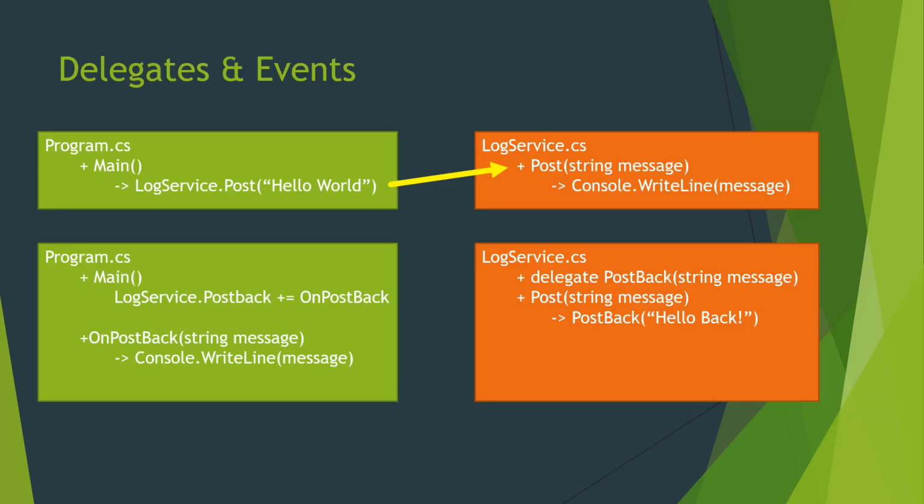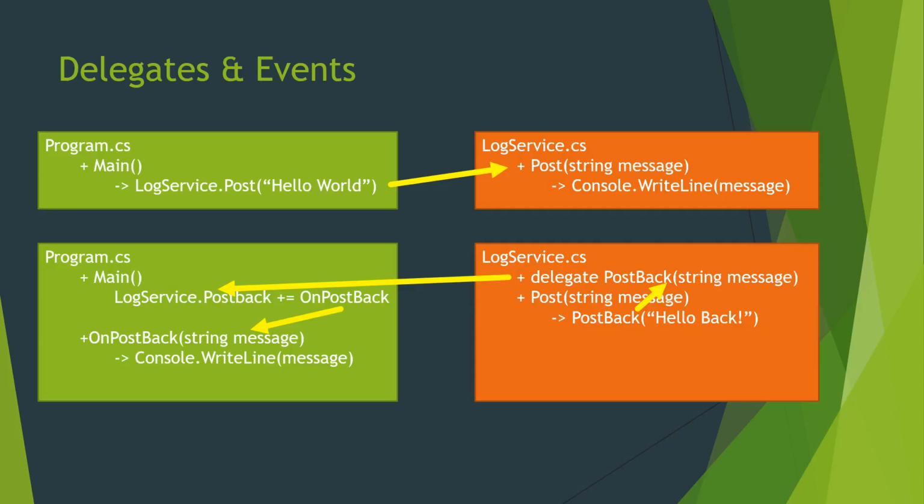So in this diagram, what we actually have is a reversal of the dependency. The post back delegate is being raised by the post function, and that post back delegate receives a hello back string, and we've wired up in our program class for the post back delegate to call the onPostBack function. And the onPostBack function receives that message as a parameter and writes it to the console window.